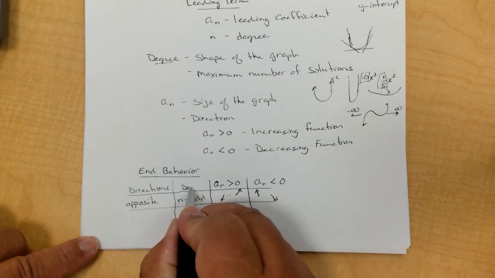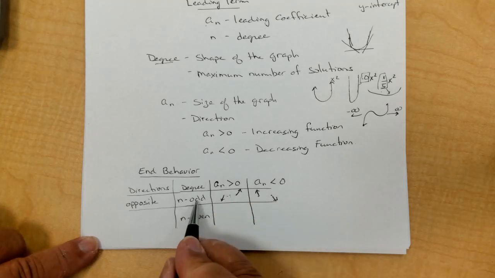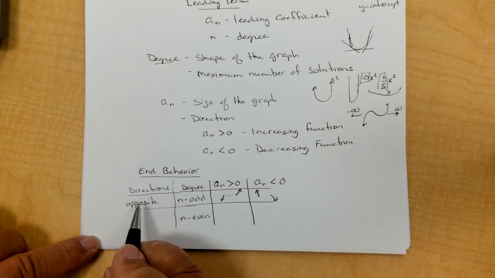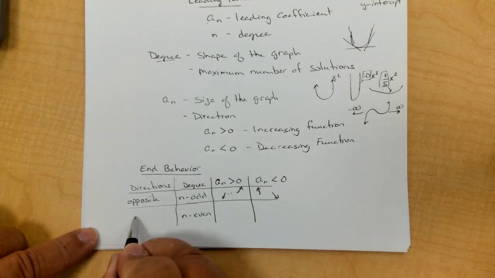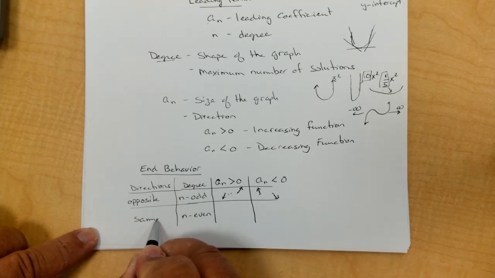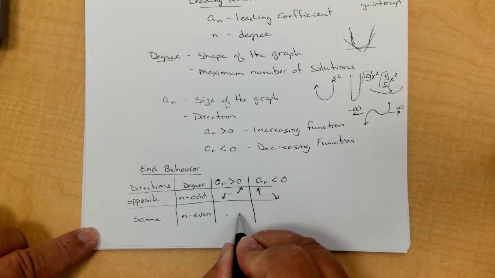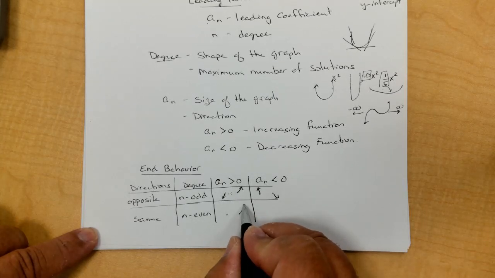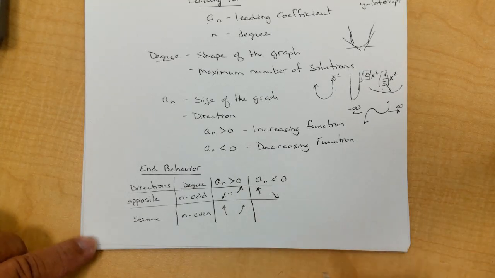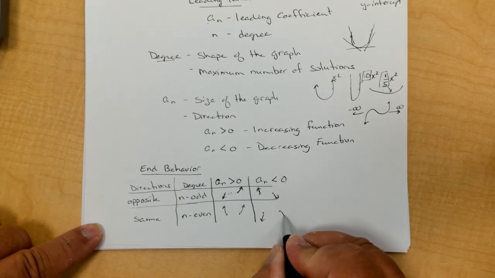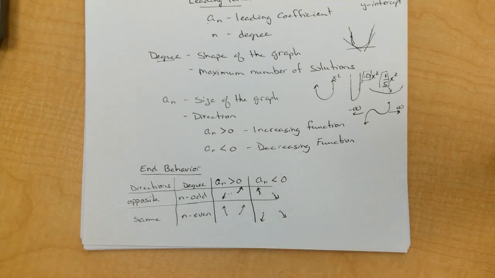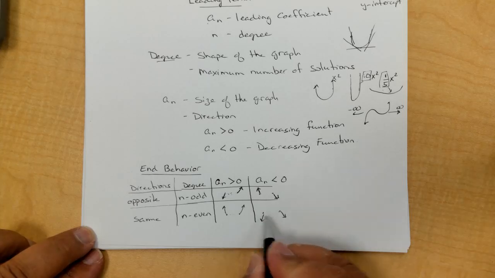If the degree is even, they point in the same direction. If a is positive, they both go up. If a is negative, they both go down. We don't know what happens in the middle.